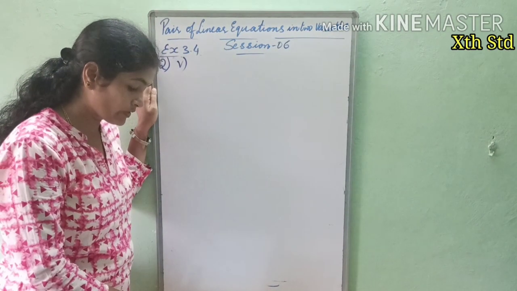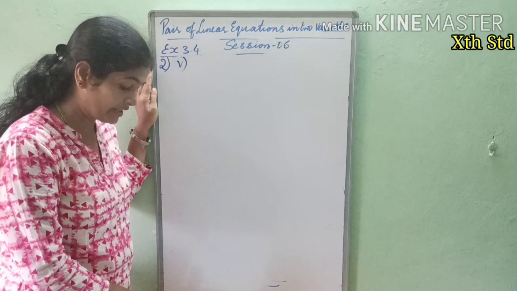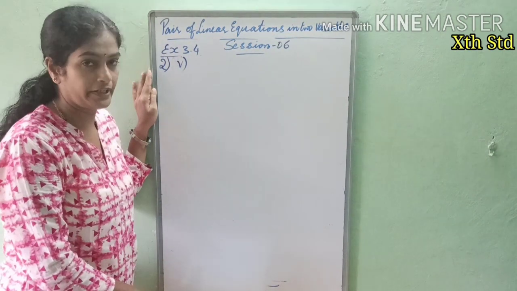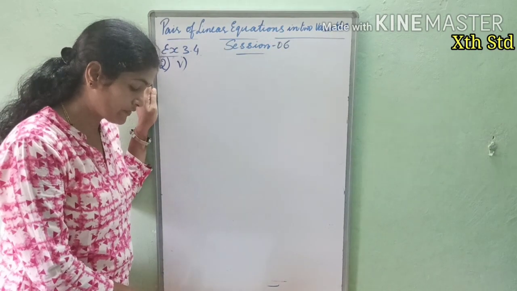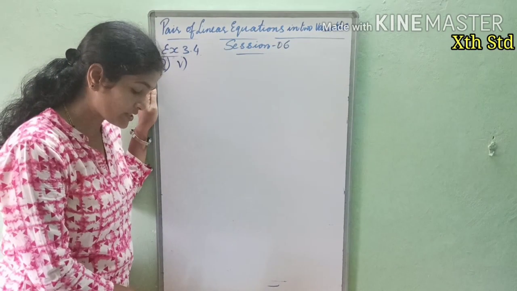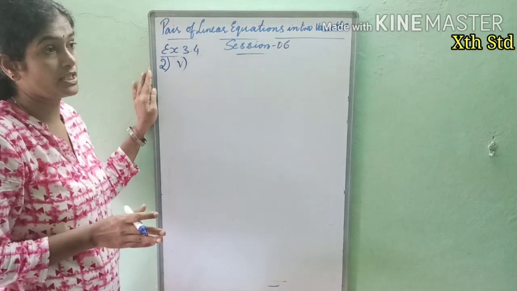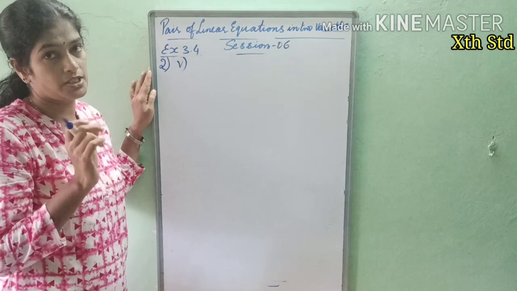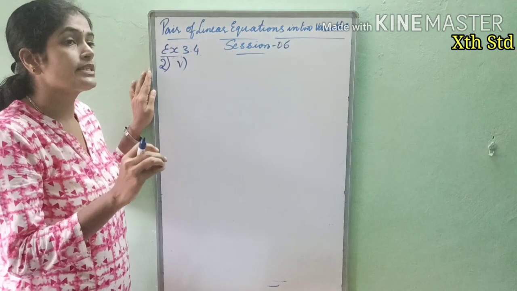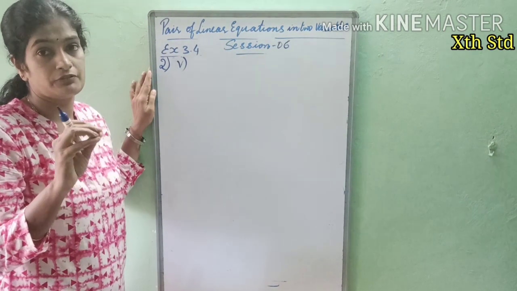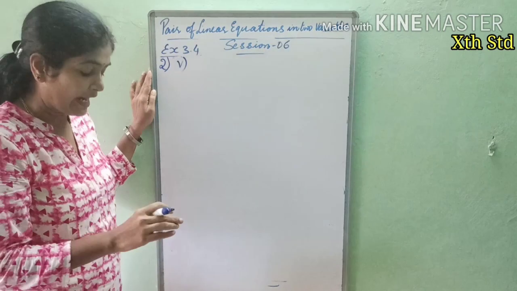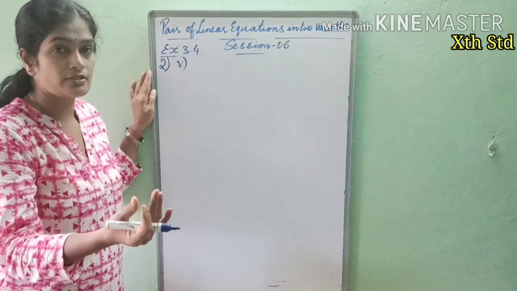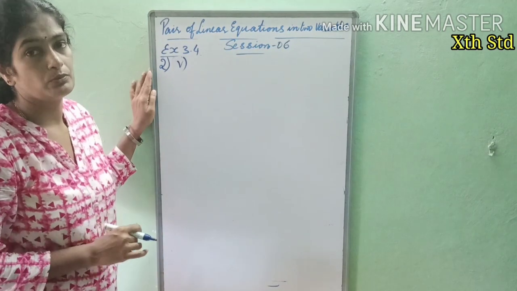Sarita paid rupees 27 for the book she kept for 7 days, while Susie paid 21 rupees for the book she kept for 5 days. Find the fixed charge and the charge for the extra days. So two types of charges, fixed charge and the extra charge. The fixed charge for the first 3 days is given. So let's take that the fixed charge for the first 3 days be x and the charge for the other days will be y rupees.